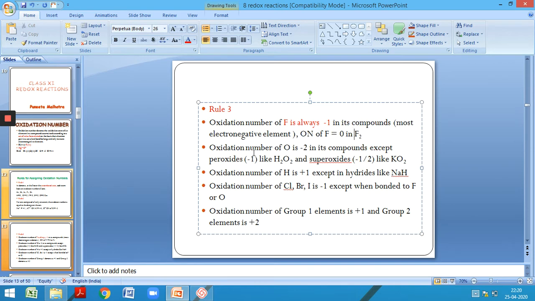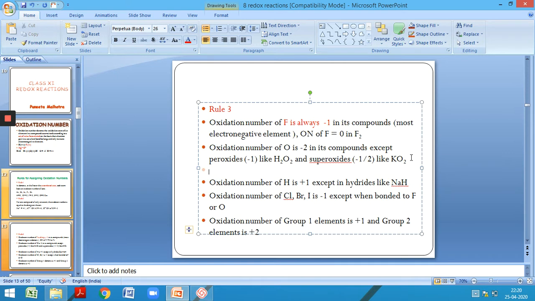Coming to the next rule, the oxidation number of oxygen is -2 in its compounds except in peroxides like hydrogen peroxide and in superoxides like KO2, where in hydrogen peroxide the oxidation state is -1 and in superoxides it is -1/2.